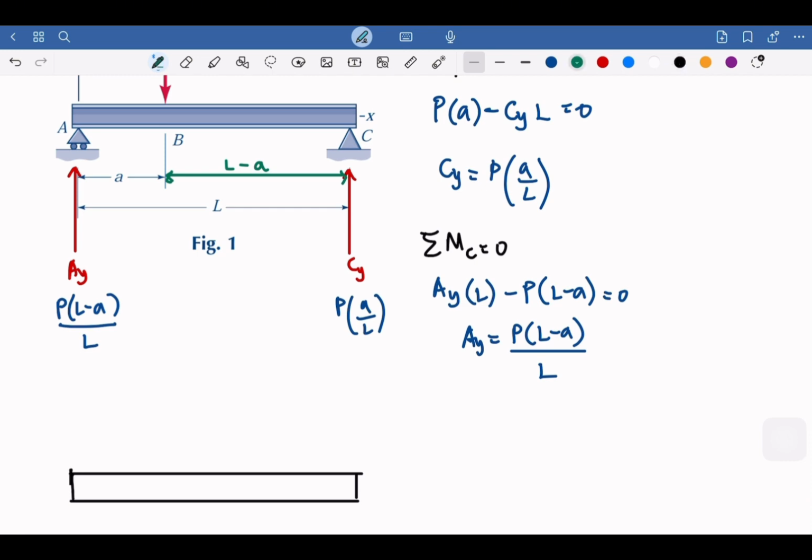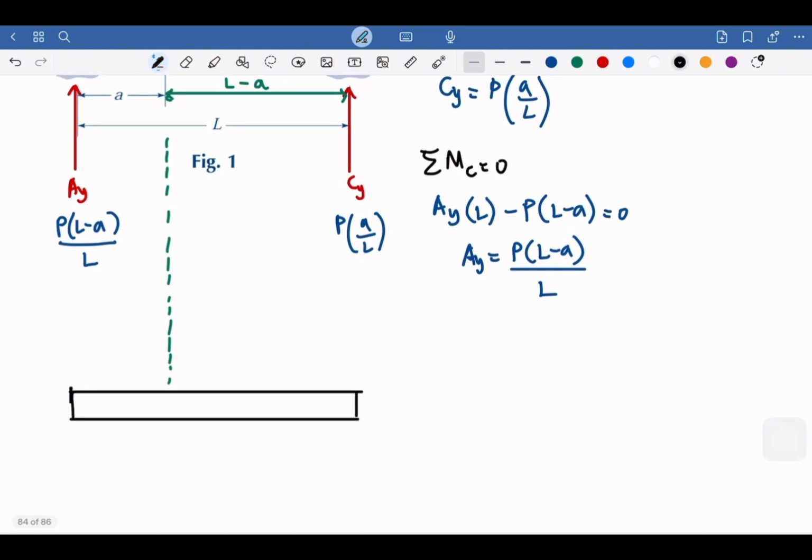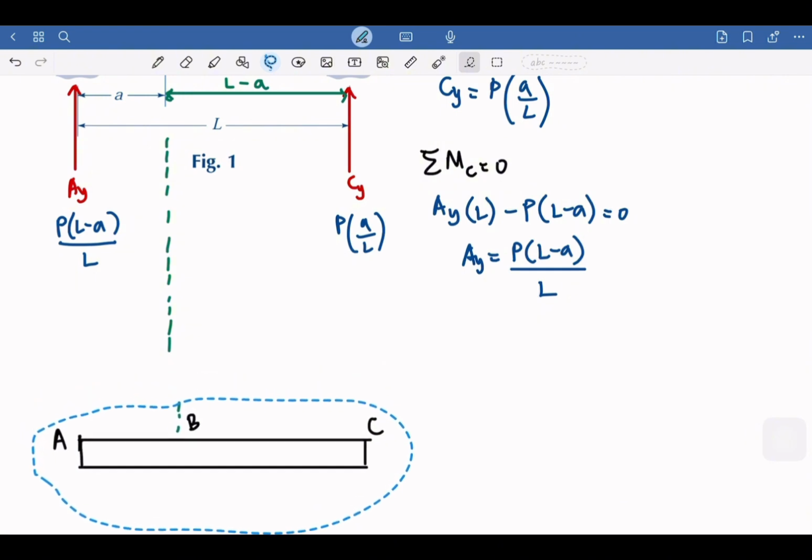Suppose that this is point B, where we have the concentrated load, and this is A, and this is C.